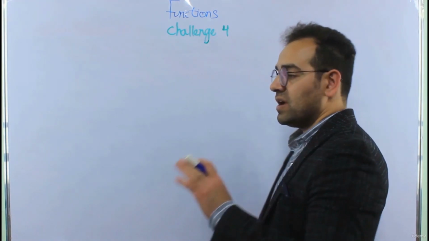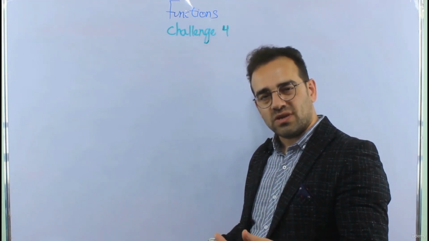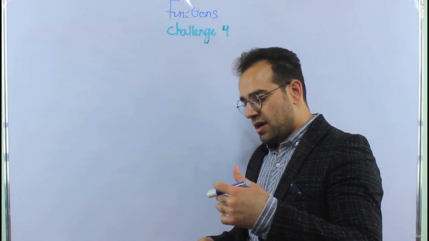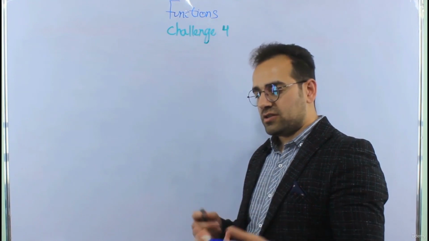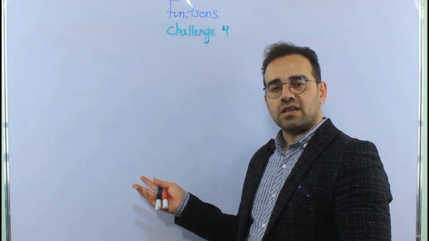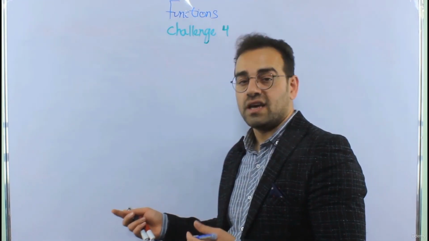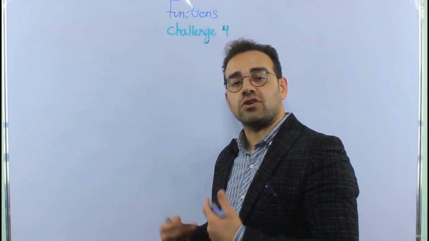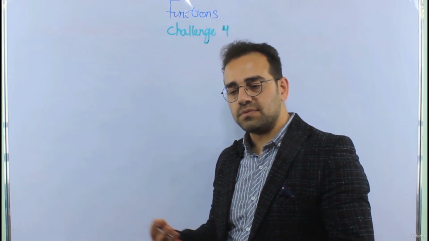First off, what I'm trying to do throughout these challenges, as you might have noticed, is use every kind of function that we know in JavaScript. I did a couple of challenges with function declarations, then there was a challenge with an arrow function, and now this one is going to be a function expression. So it's a good idea to know all three types.